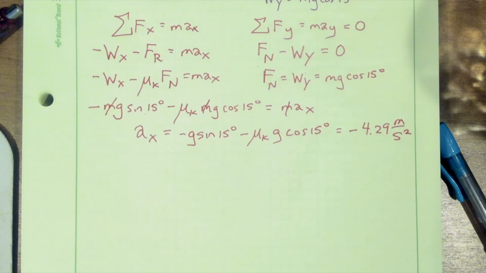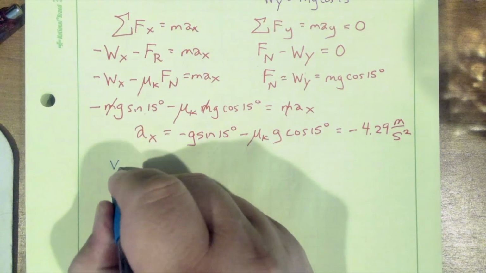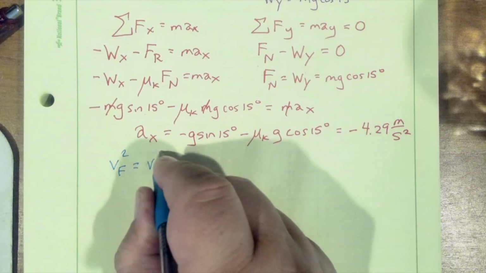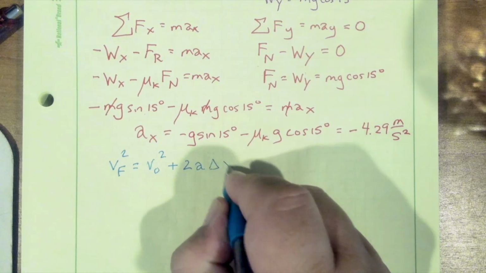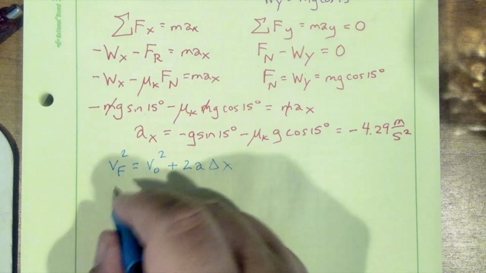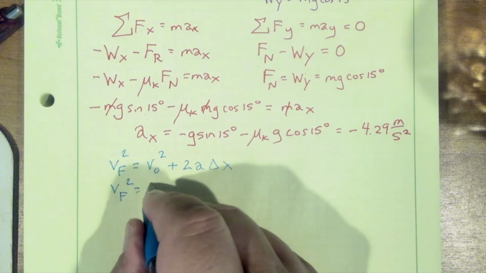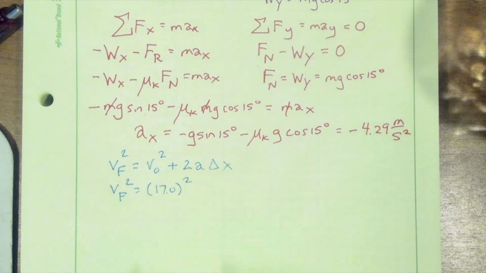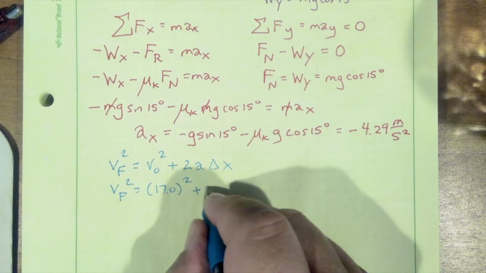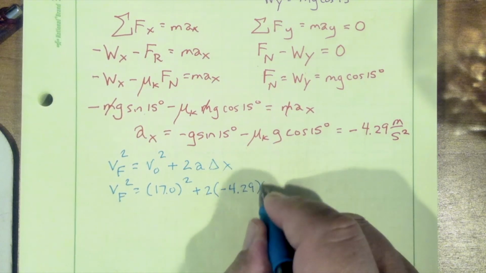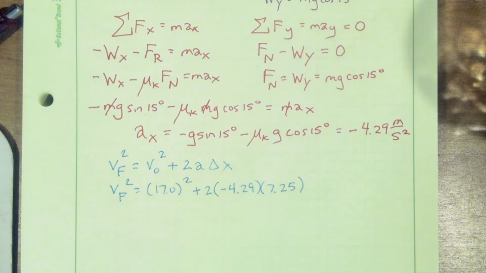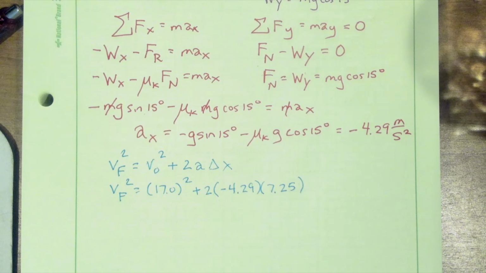With that acceleration in hand, we can now go to the kinematics equation. V final squared equals V naught squared plus 2 times a times the displacement. All right, and now we plug in the values. V naught is not 0. Remember, this time it's 17 plus 2 times negative 4.29. That negative sign is very important. Times the displacement, 7.25.